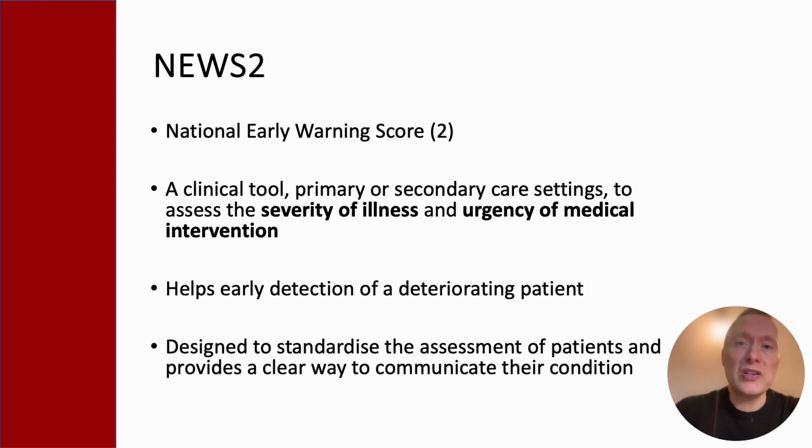And from that assessment, it helps determine the urgency of the required medical intervention. The aim, of course, is that it helps early detection of a deteriorating patient. And so with that, it's hoped that the person who is deteriorating will have medical intervention put in place as quickly as possible.